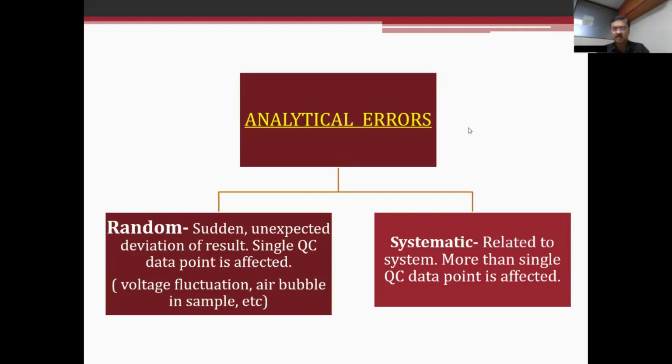The reasons may be a sudden occurrence, but since the problem is not in the system, it may not be repeated. Like a sudden air bubble in the sample, or a sudden voltage fluctuation just at the time of reading, this can be a random error. But a systemic error means the error is present in the system, and unless you correct the system, the error will keep on repeating.